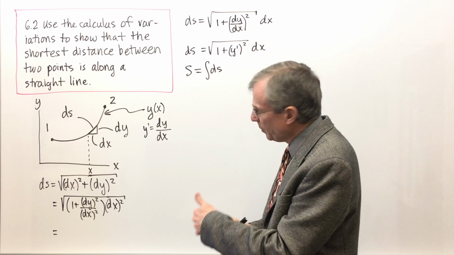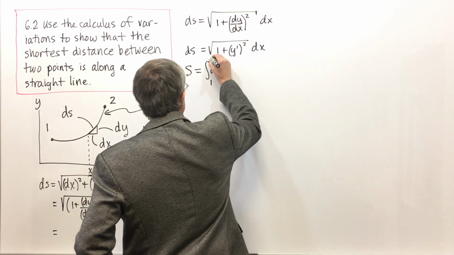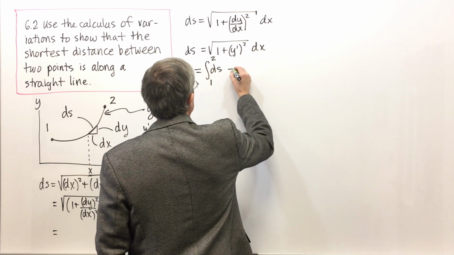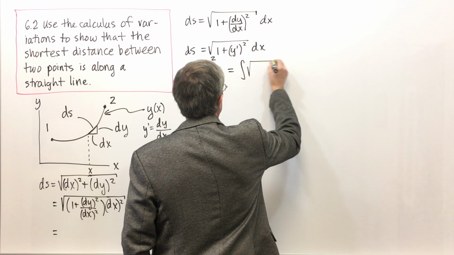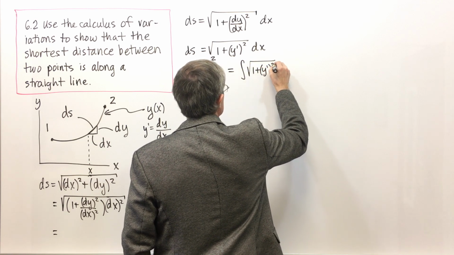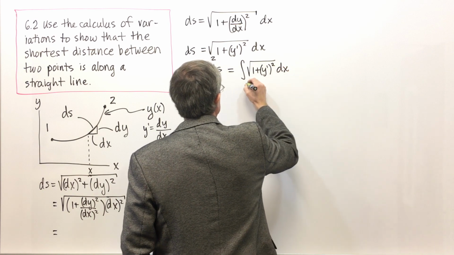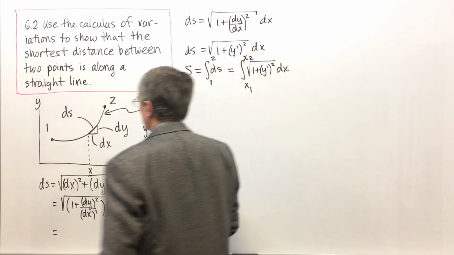So I'm just going to add up all those little contributions to get the total distance between point 1 and point 2. Well, that is just the integral of the square root of 1 plus y prime squared dx from x1 to x2.